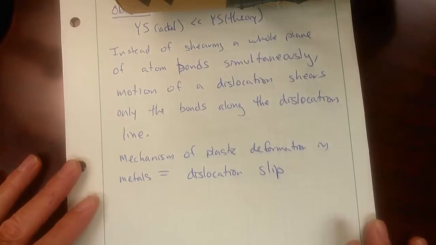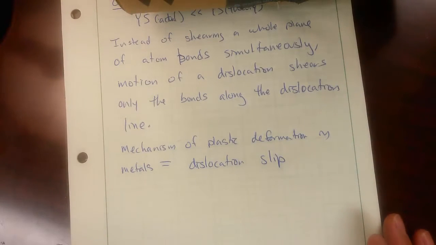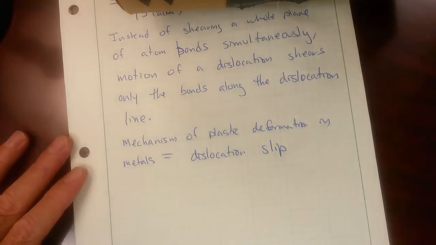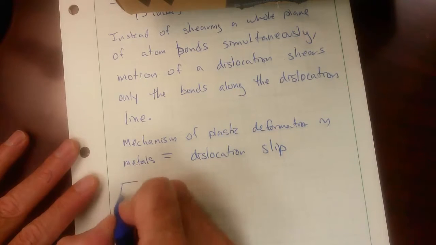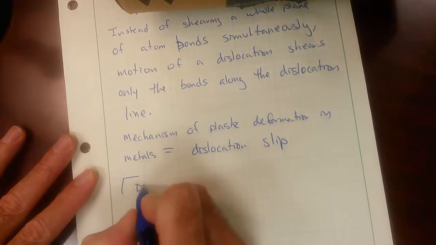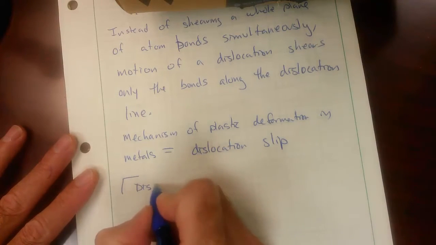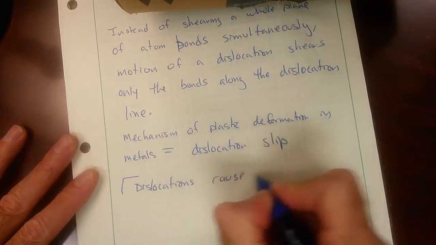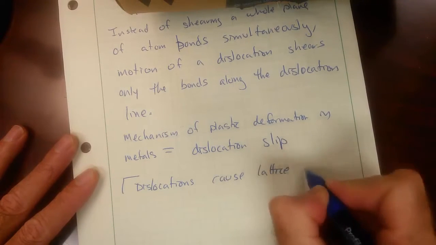Slip is the process where the dislocation walks through the sample. Now, one of the things to recall from our previous discussions is that dislocations cause lattice distortions.